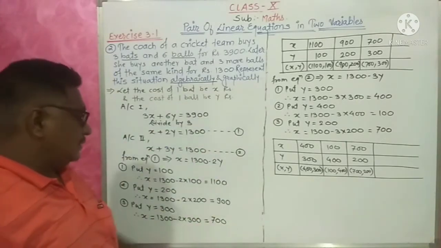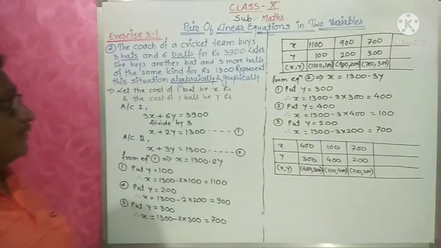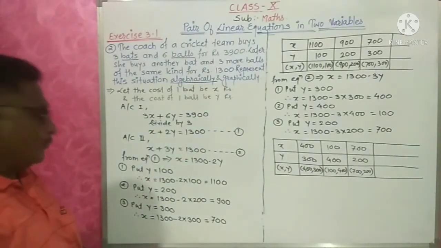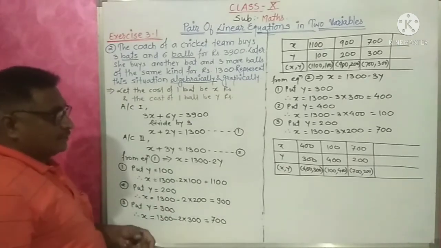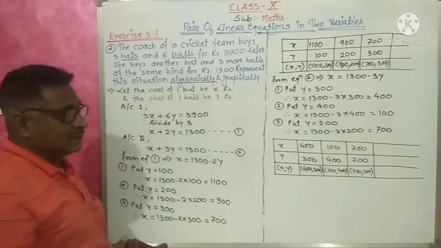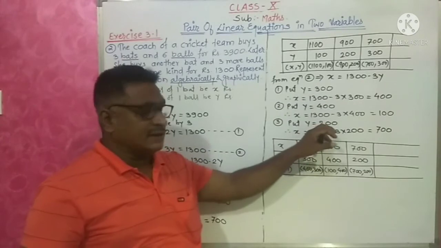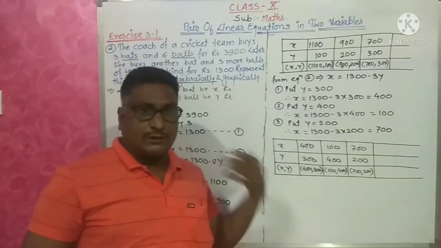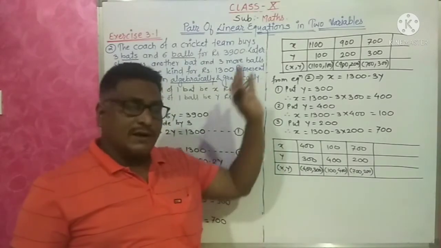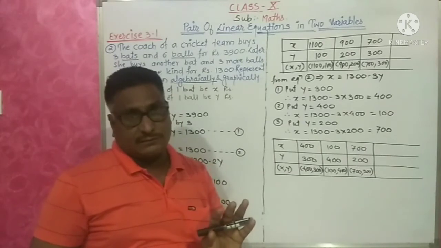So these were for what purpose? Graphical representation. Now we have to draw the graph. For that purpose we have to draw the x-axis and y-axis. Up to this point, hope you understand, student, how to find the solutions. According to your wish, you can take any values. It is not compulsory to take what I took; you can take any suitable values, as long as you get the answer.